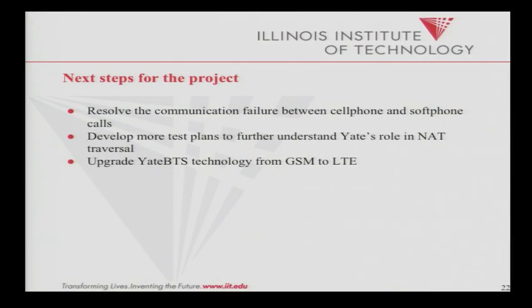So we would like to do some more tests and more work on that. We'd also like to develop more test plans to further understand how YATE plays its role for NAT traversal, and we'd also like to upgrade our YATE BTS from GSM to LTE.